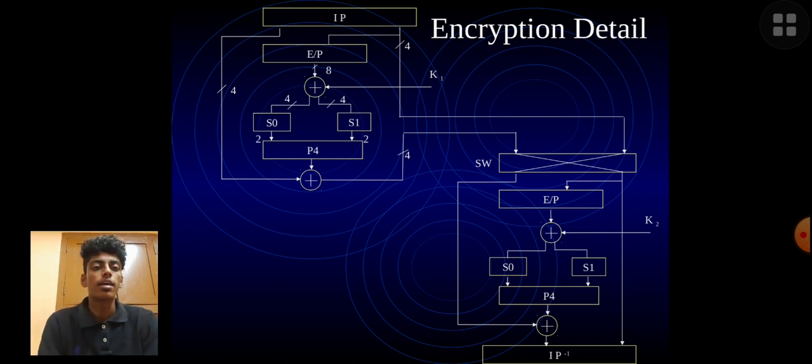Then the 8 bits are divided into 4 bits each, the same operation I told before. S0 and S1 give the 4 bits of P4. The 4 bits of P4 are added with the first 4 bits of the swap output. Finally, we find IP inverse.